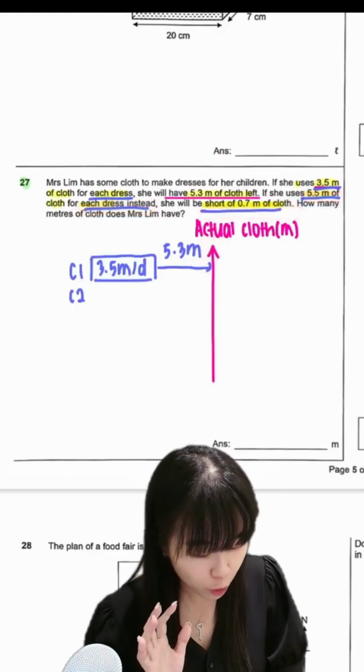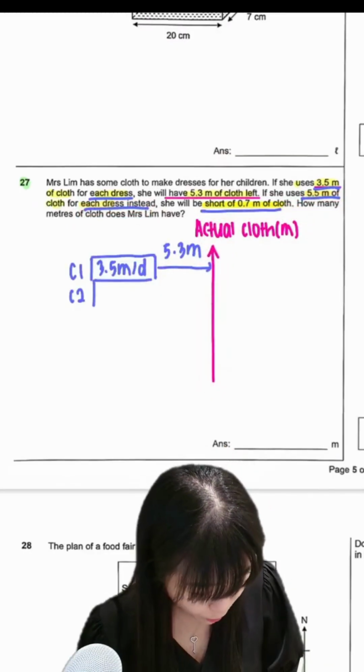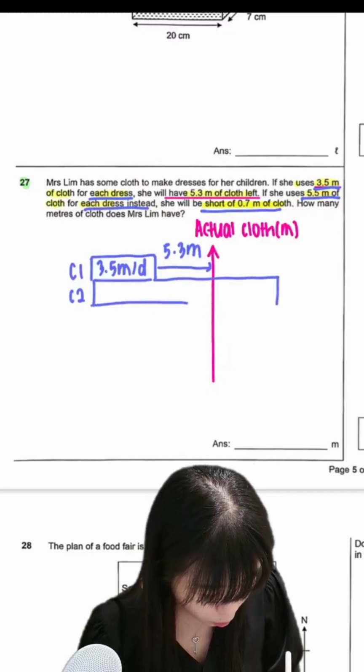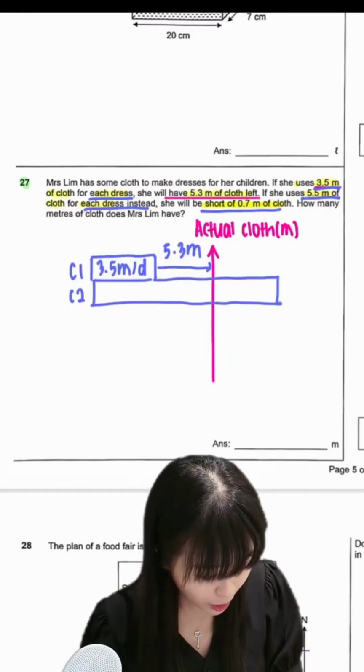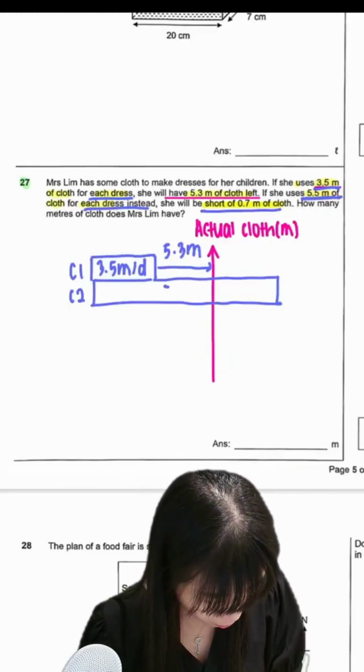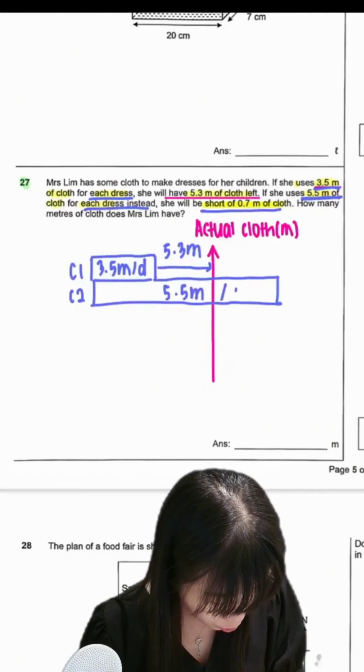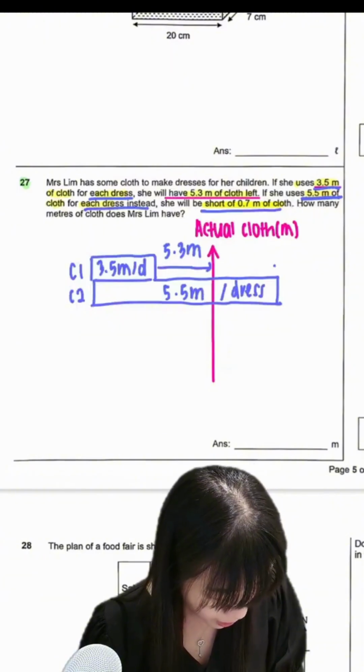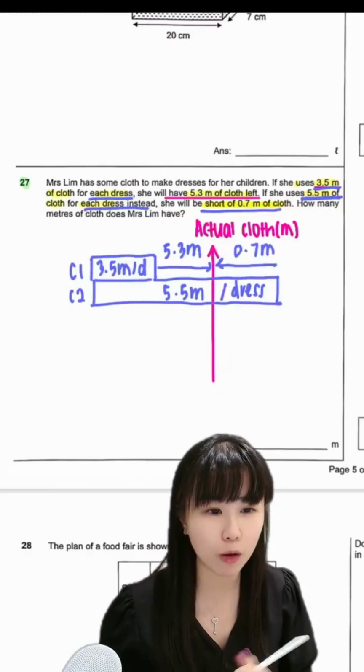Short of means not enough, means you use too much already. So you go very long across that arrow, and you put 5.5 meter per dress, and you are short of 0.7 meter. So that's how your model will look like.